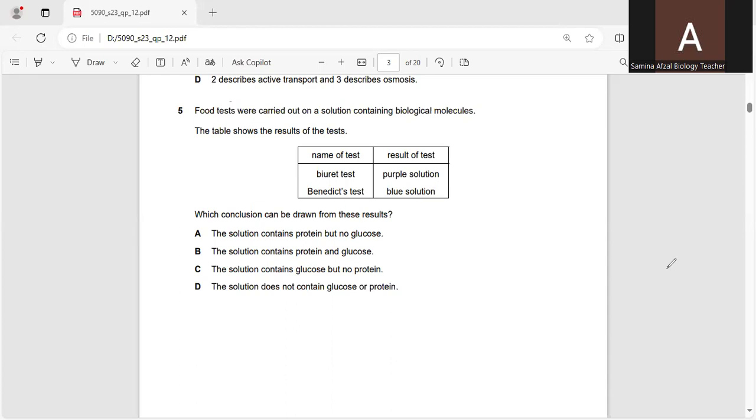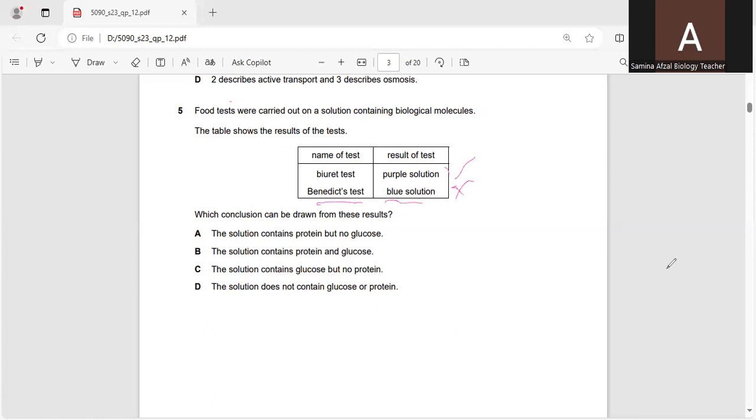The Biuret test shows a purple solution and the Benedict test shows a blue solution. First of all, let me tell you that the result of the Biuret test is a purple solution. That is the correct result. The Benedict test shows a brick red color. A blue solution shows the absence of reducing sugar. So this is not the positive result for the Benedict solution.